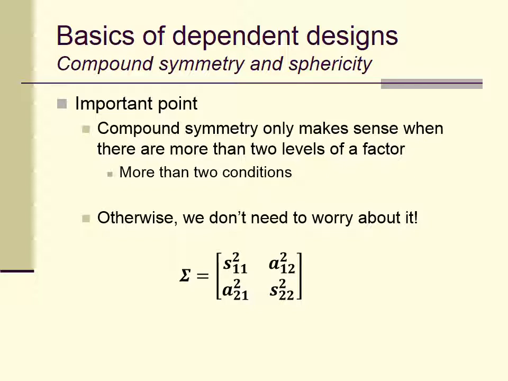Again, this is why if you're a researcher in a situation where you had a violation of compound symmetry, you might think to yourself, well, I can't really use all 3 of these levels, all 3 of these conditions. I'm going to restrict my consideration to just 2 of them, because then it gets me out of this problem of having an inconsistent or poor compound symmetry for these different levels.